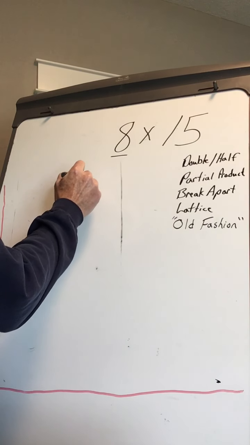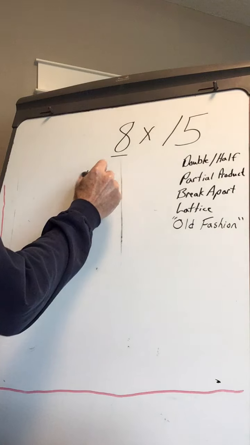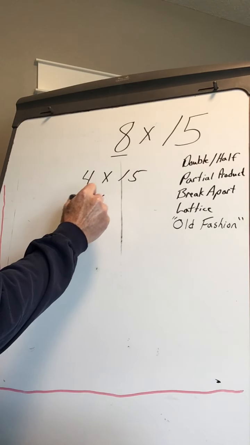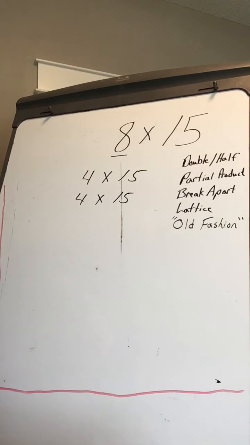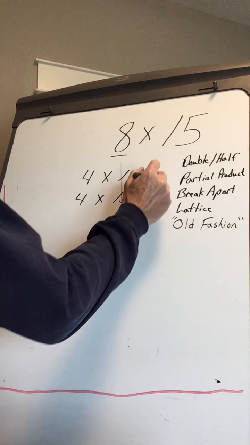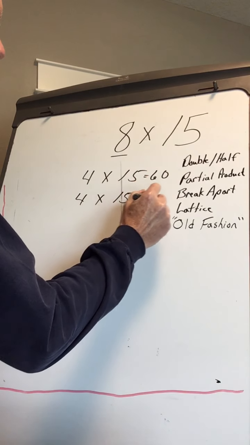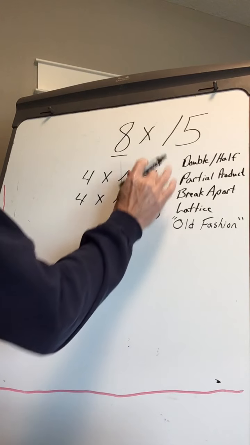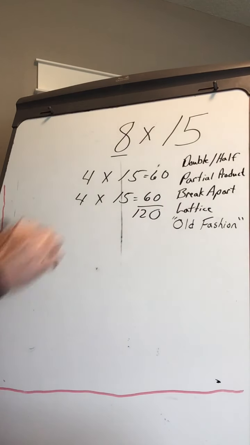So I can break this problem down into 4 times 15 plus 4 times 15. Now, 4 times 15 is 60 and 60. That becomes 120. So I know 8 times 15 is 120.